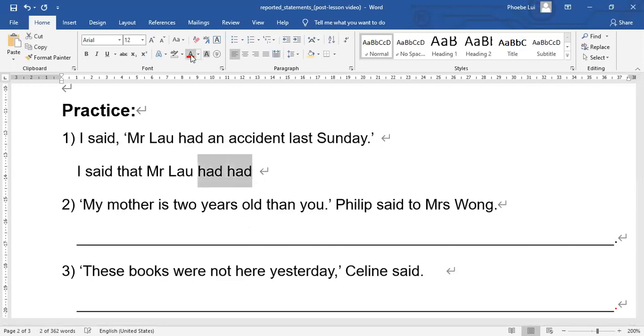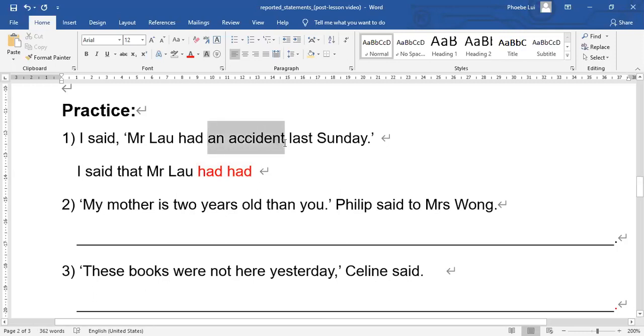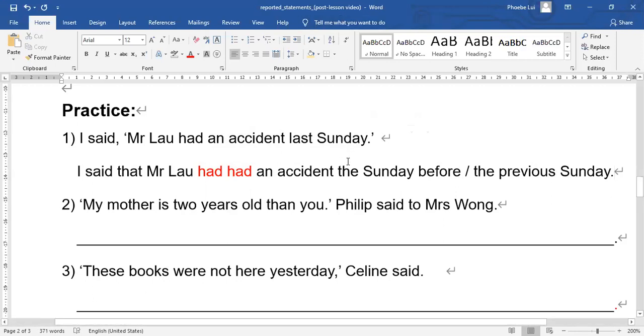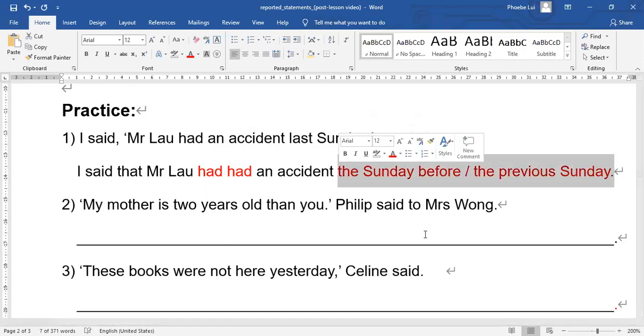I make it in red. An accident, just keep it. Last Sunday, you have to change it into the day before or the previous Sunday; both are acceptable.